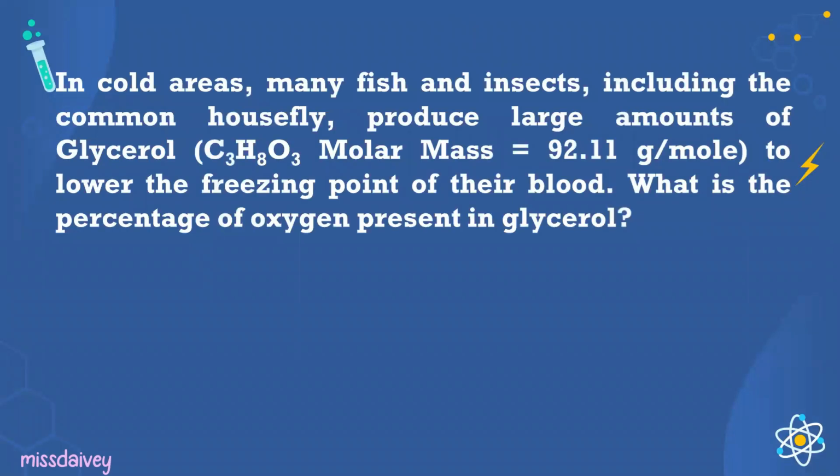In cold areas, many fish and insects, including the common housefly, produce large amounts of glycerol, C3H8O3, with a molar mass equals 92.11 gram per mole, to lower the freezing point of their blood. What is the percentage of oxygen present in glycerol?